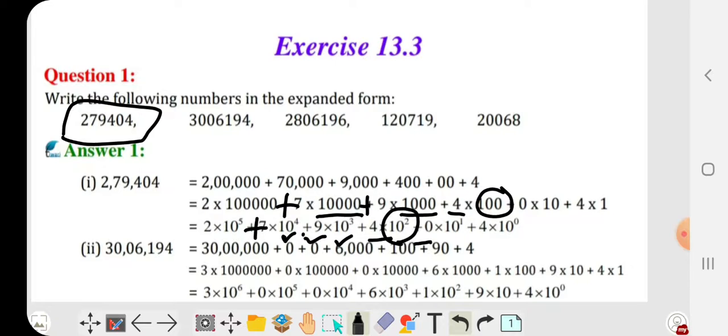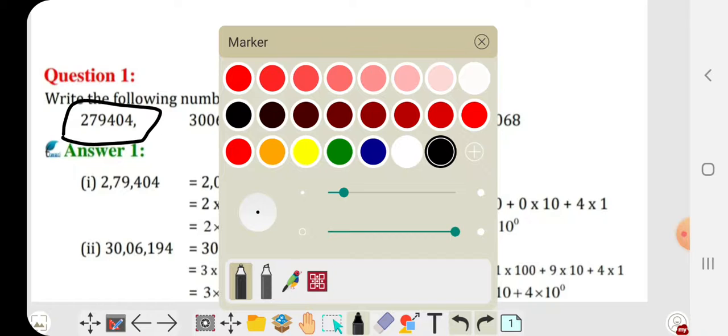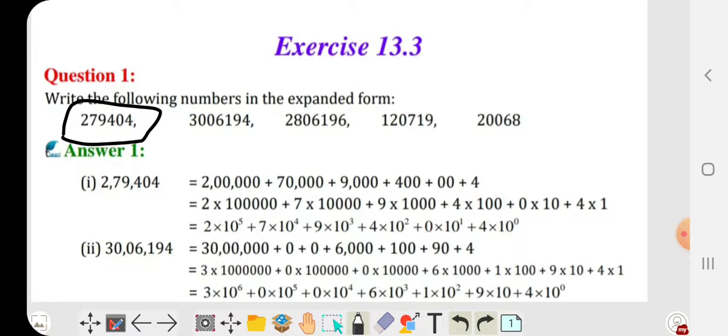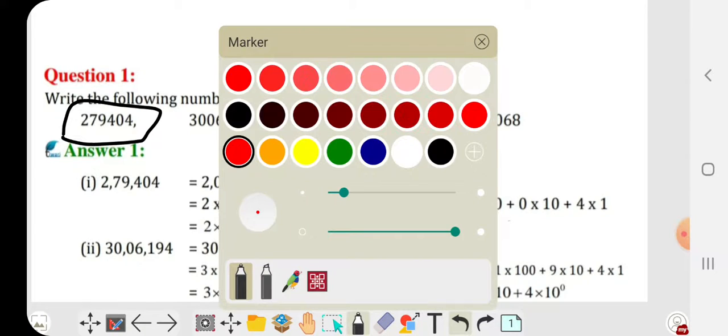Then plus 0 into 10 raised to power 1, then 4 into 1. 1 can be written as 10 raised to power 0, but it's not necessary to write this term. You can skip that also. You can just not write it because we know 4 into 1 is equal to simply 4.